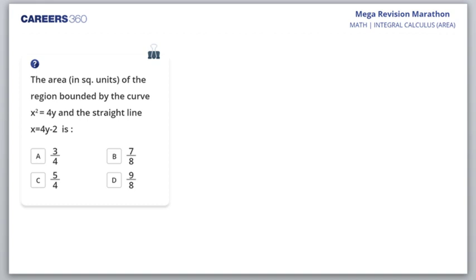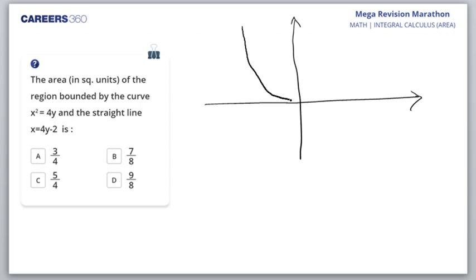Okay, so let's see what we have here. We will obviously make the graph, with the y-axis and x-axis, and x square is equal to 4y is an upward parabola. So this is y is equal to x square by 4.